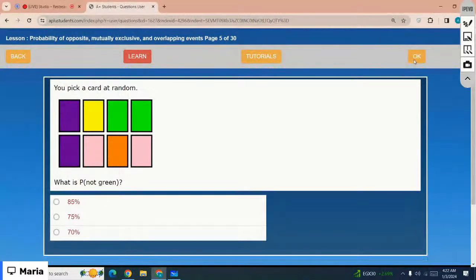You pick a card at random. What is the probability of not green, which is the correct option?